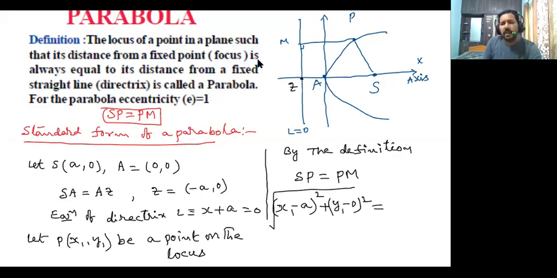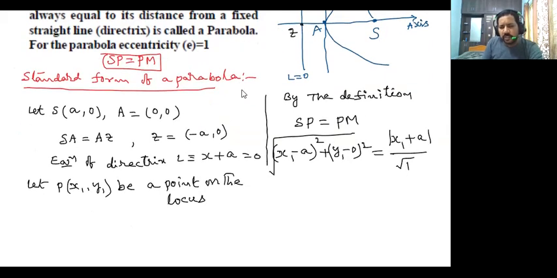PM is the perpendicular distance from the point to the directrix, that is mod of x1 plus a divided by root 1. Then how to proceed? Do the squaring on both sides.